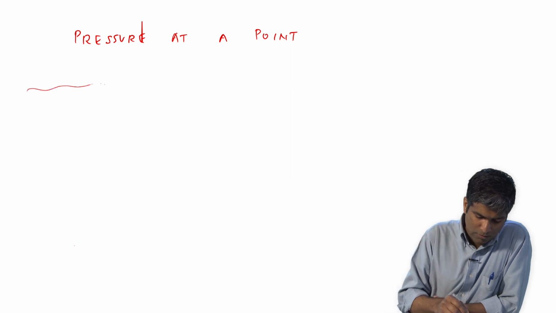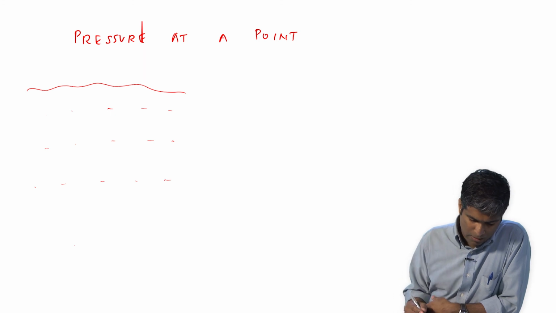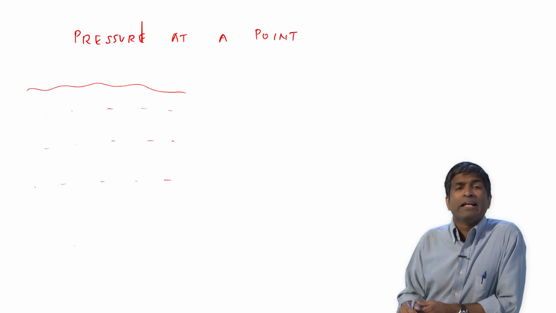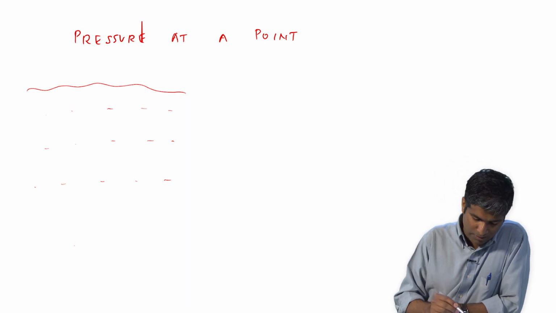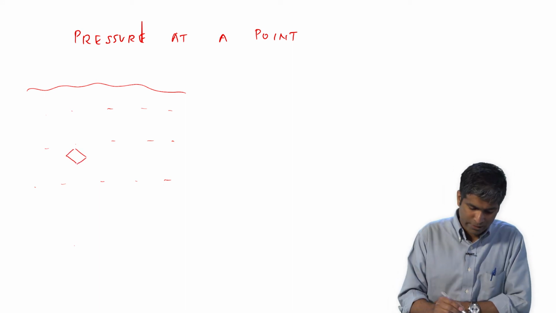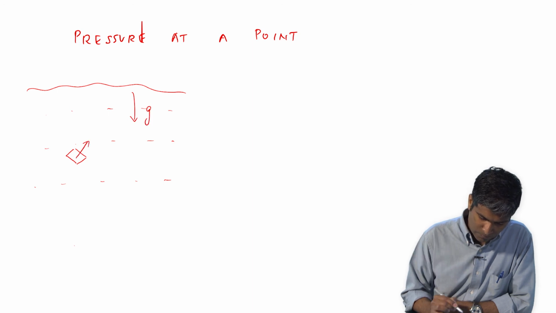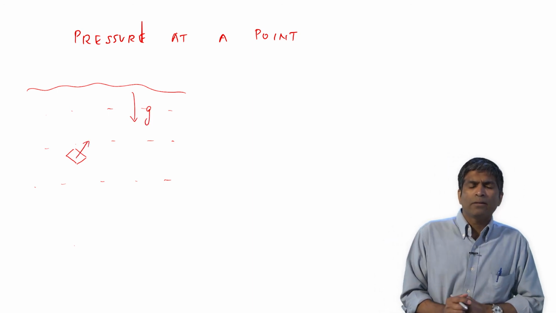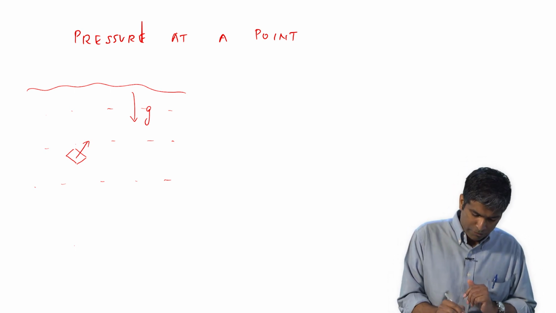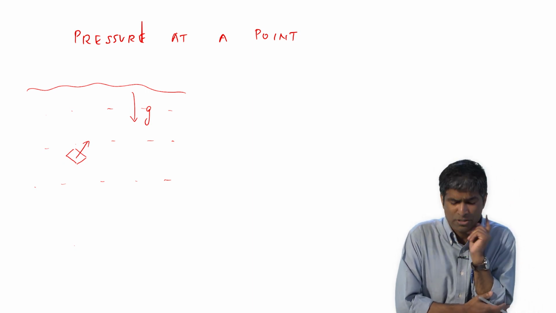So let's say I've got some fluid and I have my surface, and I'm going to take an elemental surface, very small in area, with some particular orientation with respect to gravity, and I'd like to know what the force, or equivalently the pressure, on this elemental area is.